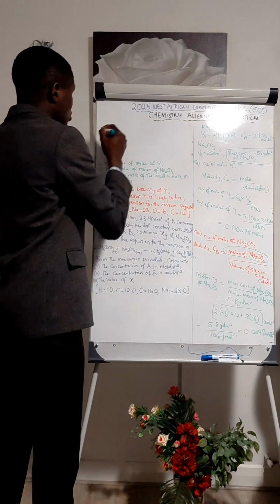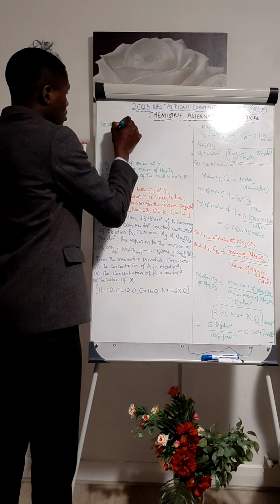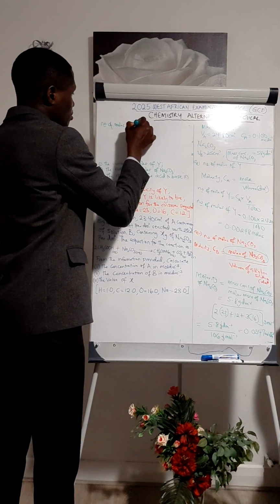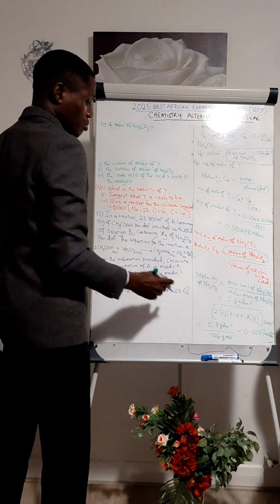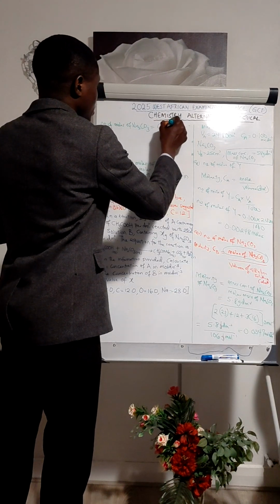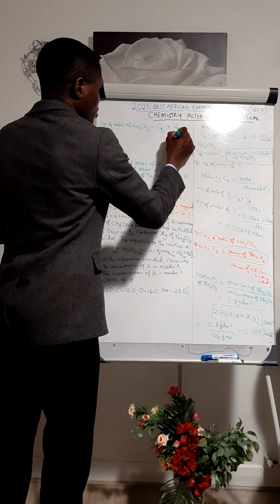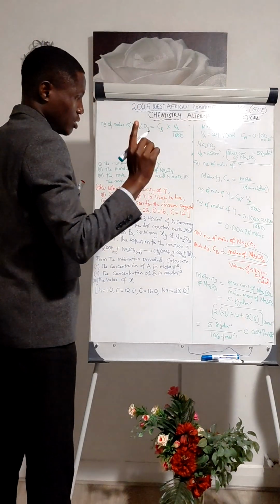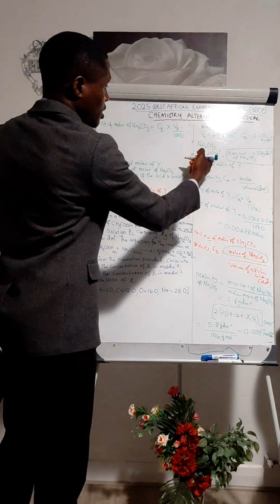to get my moles. So number of moles of sodium trioxocarbonate IV will now be equal to CB times the volume VB, all over 1000. Don't forget, divide by 1000 to take it to dm cube, because they give us in centimeter cube.